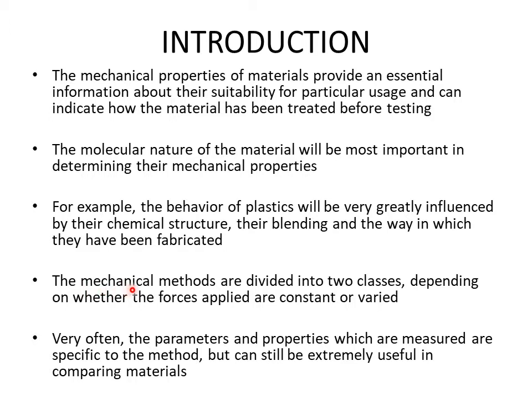The mechanical methods are divided into two classes, depending on whether the forces applied on them are constant or varied. So these methods are divided into two classes, and these depend upon the forces applied on these materials, whether they are being applied constantly or being varied.